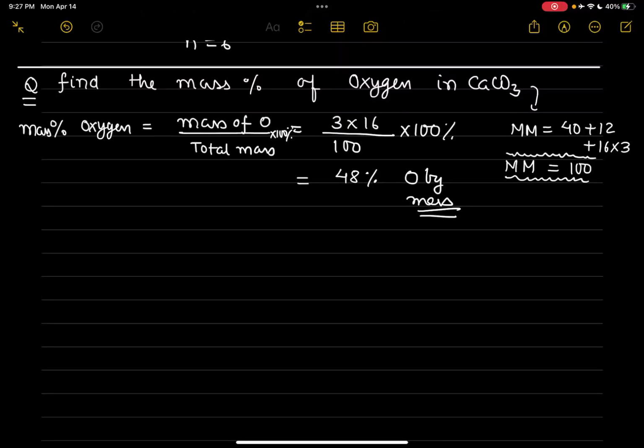Let's move on to the concentration terms. So what do you mean by concentration terms?